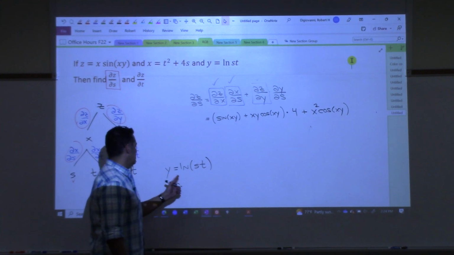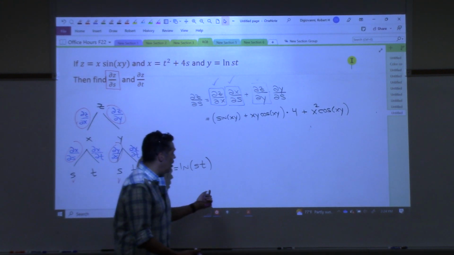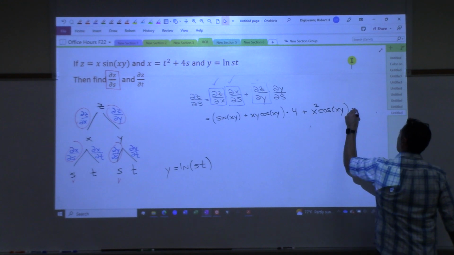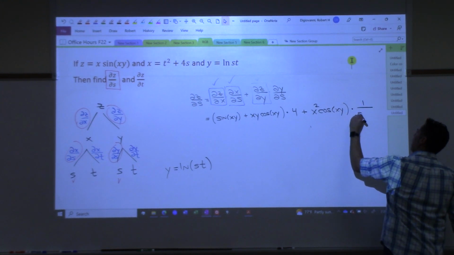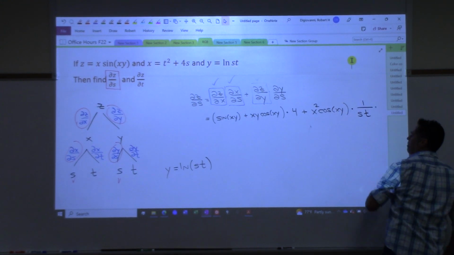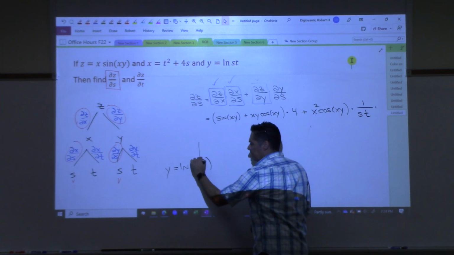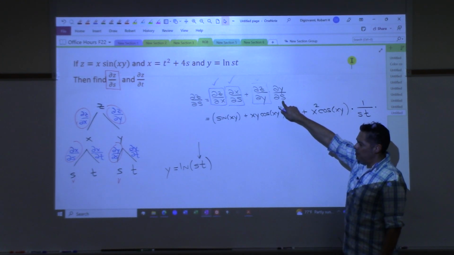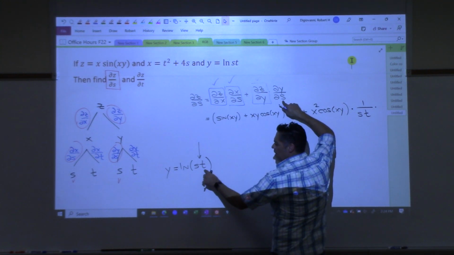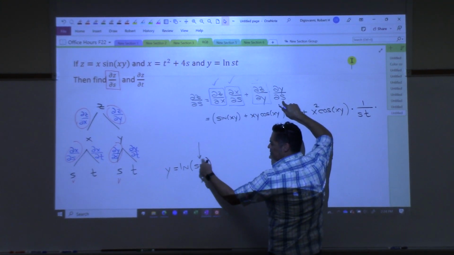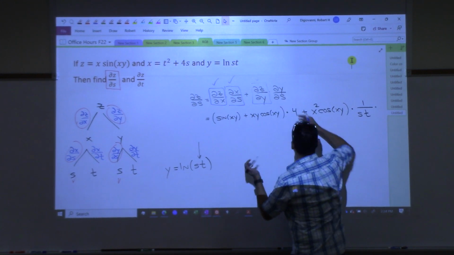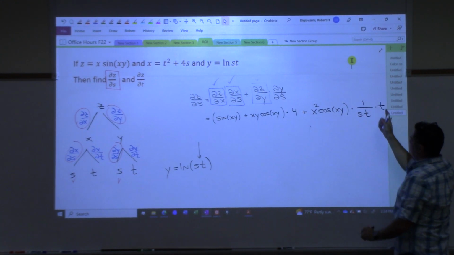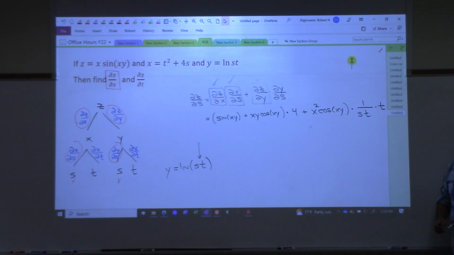First things first, the derivative of natural log of something is 1 divided by it. So 1 divided by s times t, times the derivative of what's inside, but you're doing it with respect to s. So s is your variable and t is a constant. What would the derivative of that with respect to s be? t. And then one of those t's cancels, and that's our derivative.